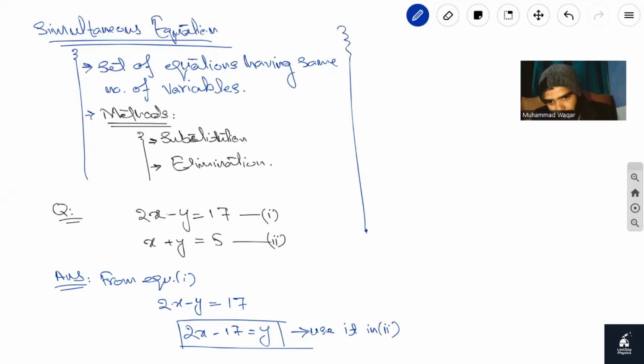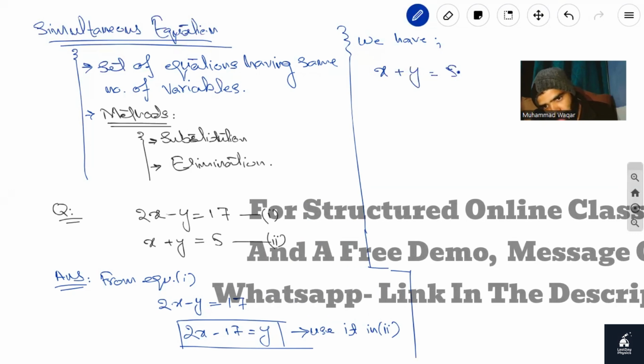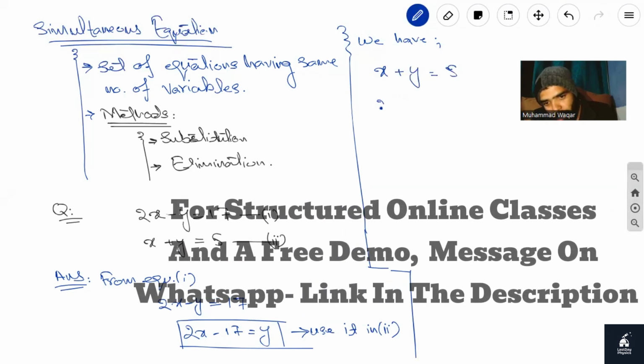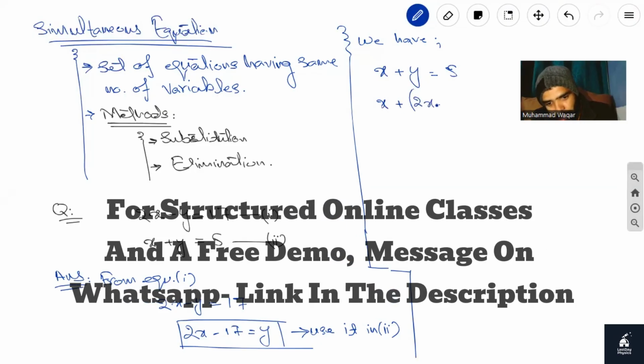All right, then if we use this in 2, we have x plus y equals 5, which was equation 2. Now we'll use the value of y from 1. It's x plus 2x minus 17 equals 5.